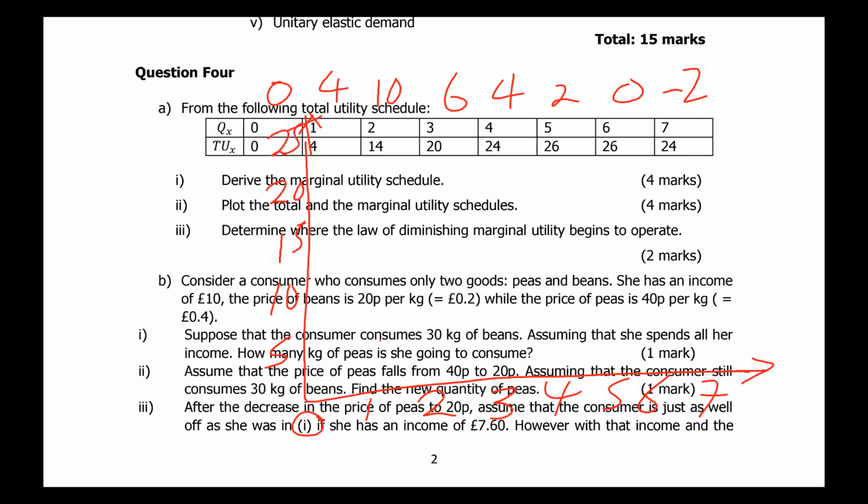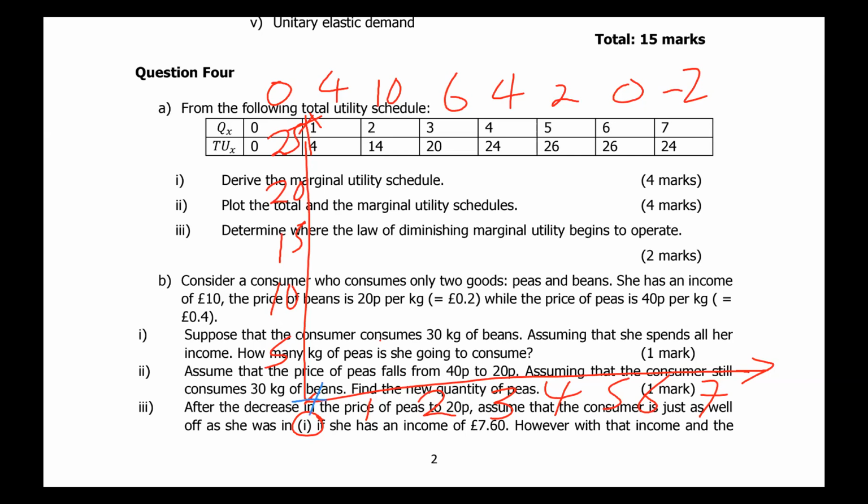So we want to plot the total utility. The first one, let me put it in red. Total utility at unit 0 is 0, so we plot here. Let me use the other marker to plot. We have 0 here.